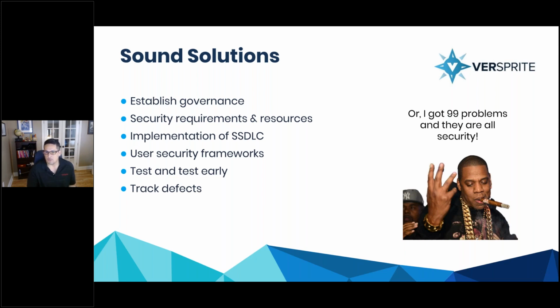Another, along with the governance, is establishing requirements and resources so that your developers, your engineers, your network engineers, your architects can understand the requirements for deploying different types of services in the cloud or on-prem. A common standard or requirement might be a crypto standard.